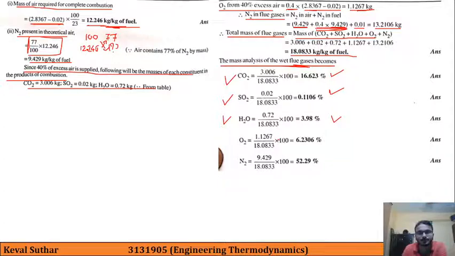And O2, the excess oxygen, is 1.1267, so we have counted it. Here we have counted the nitrogen, taken from here, 9.429, plus the other nitrogen present over here. Finally we get this. So this is the way we have done the mass analysis.